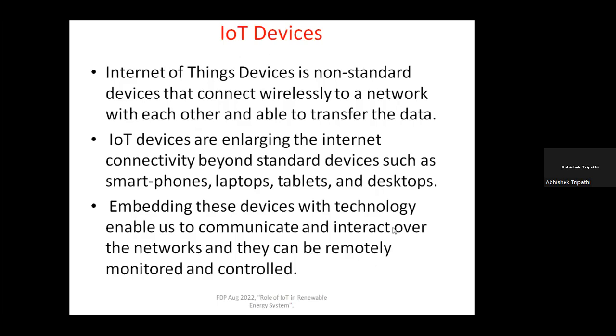IoT devices we can basically see in terms of boards, like the Arduino board or Raspberry Pi board. We can connect those boards to the internet through some protocols. We can embed those devices with technology so that they can communicate and interact with each other. So those boards are basically called IoT devices.